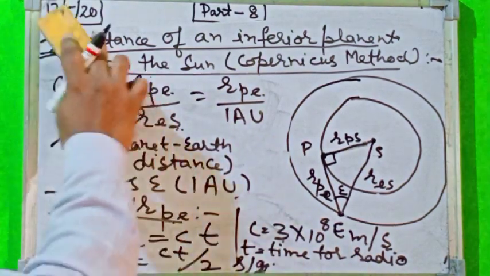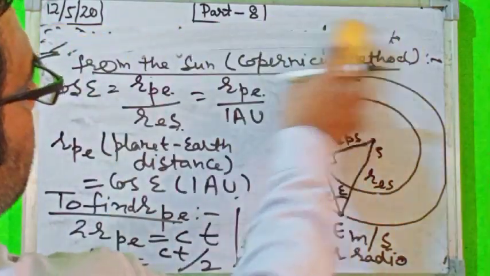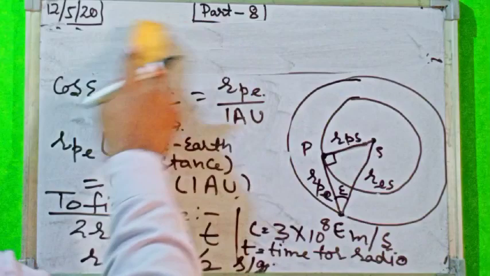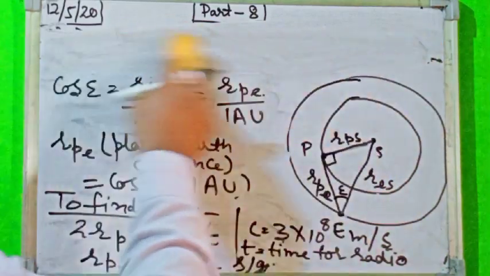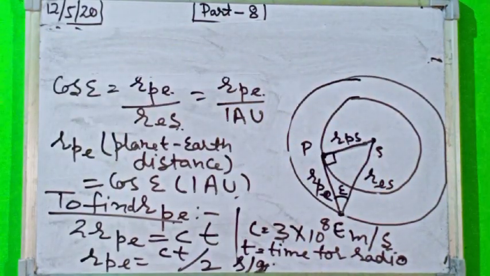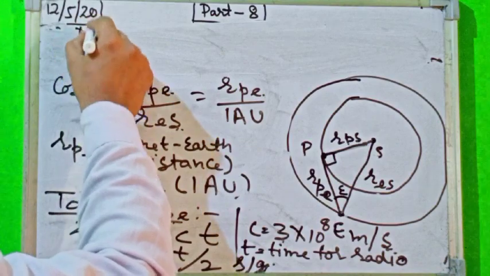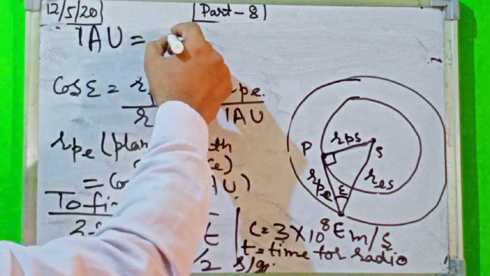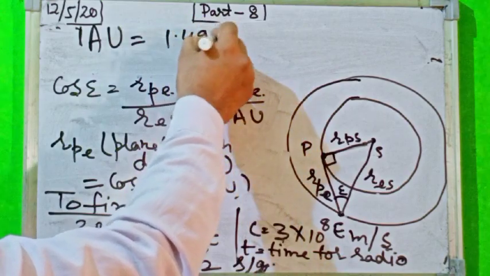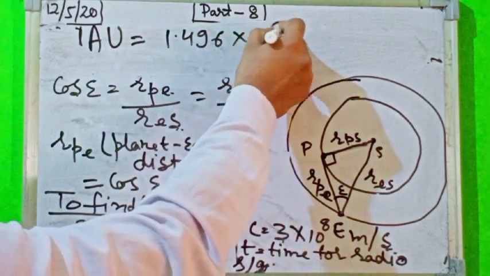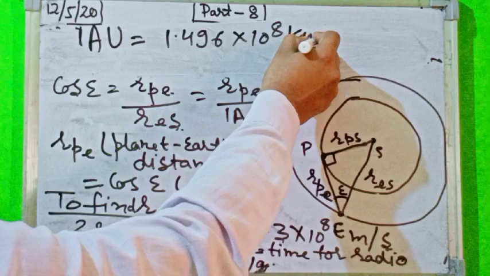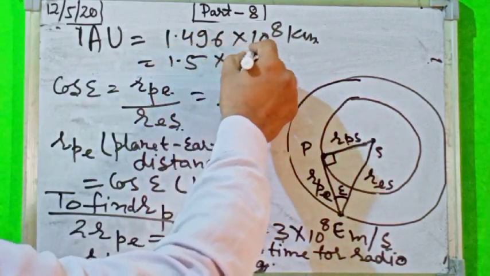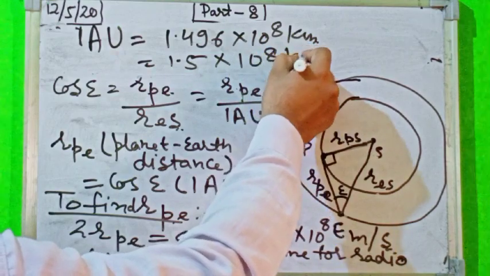What is the value of 1 astronomical unit? 1 astronomical unit is 1.496 into 10 to the power 8 kilometer, or you can say 1.5 into 10 to the power 8 kilometer.